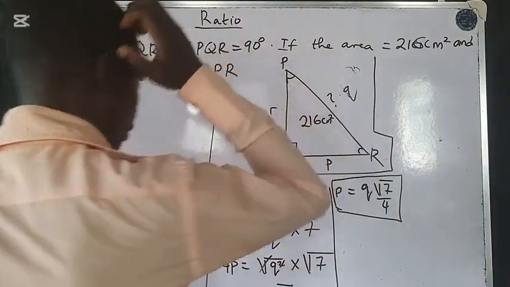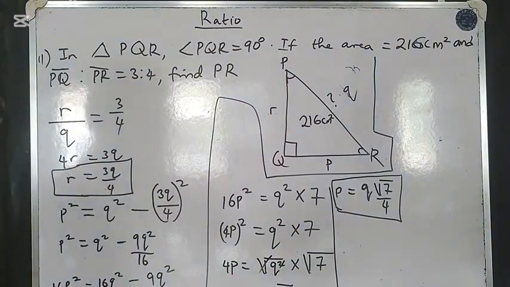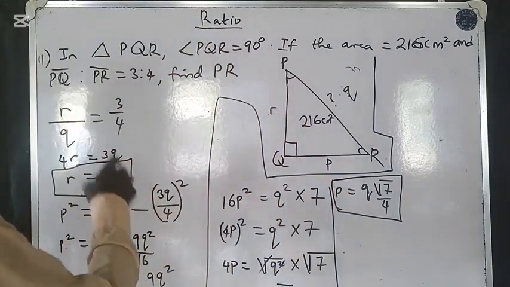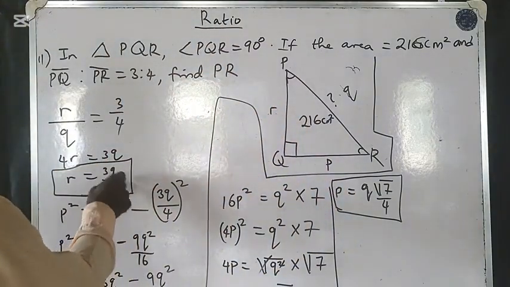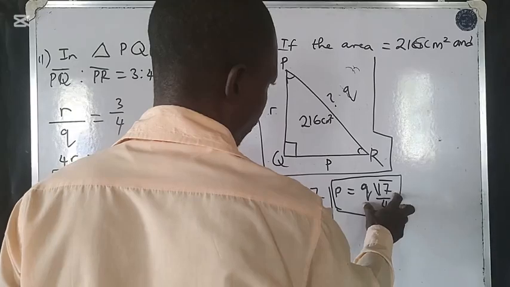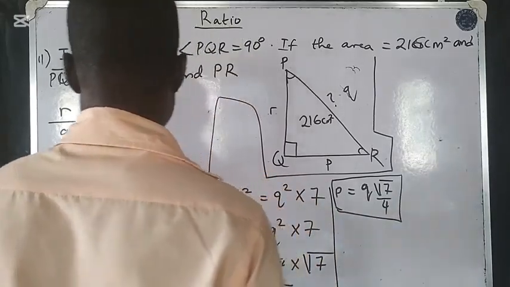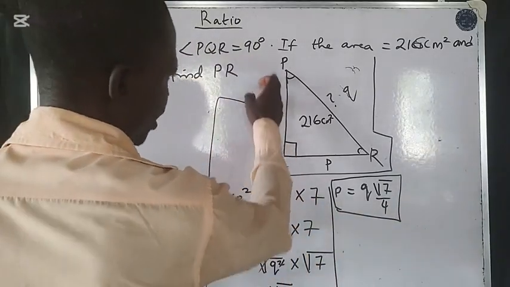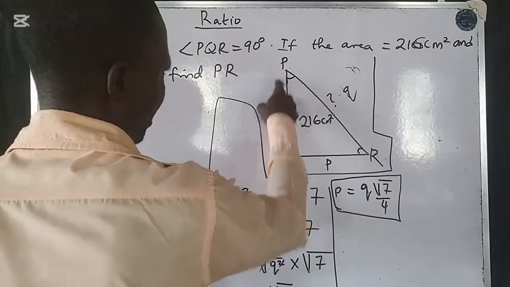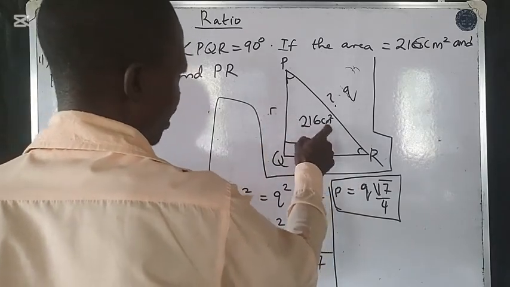We want to find the value of Q, and I can see Q in this expression for R. I can also see Q in this expression for P. R is our height, and P is the base of the triangle.